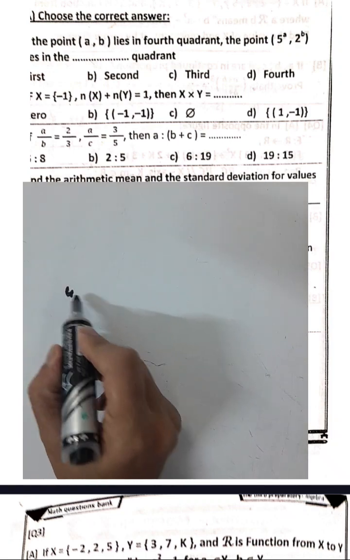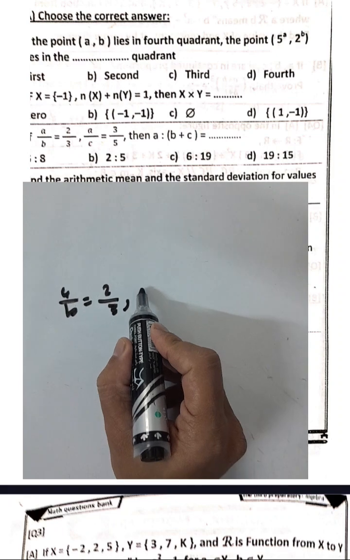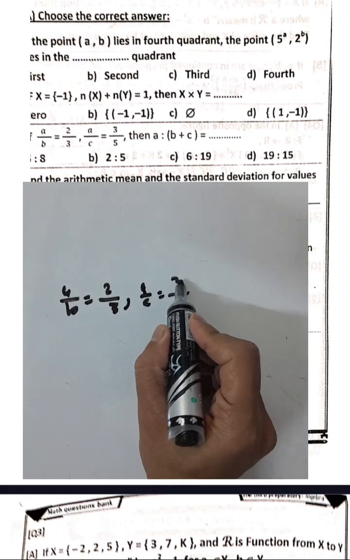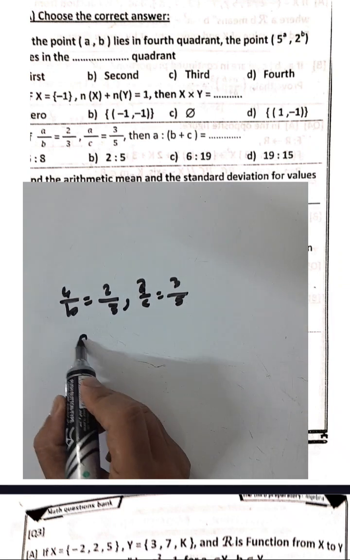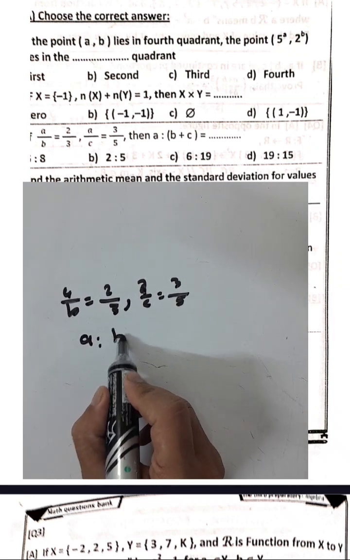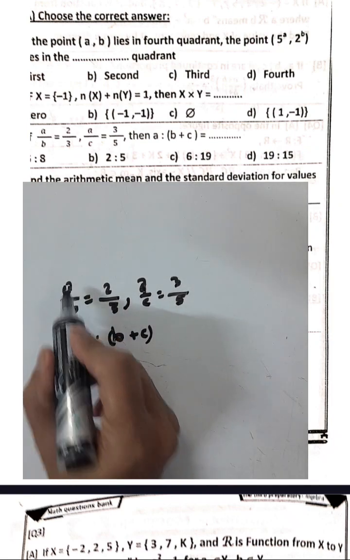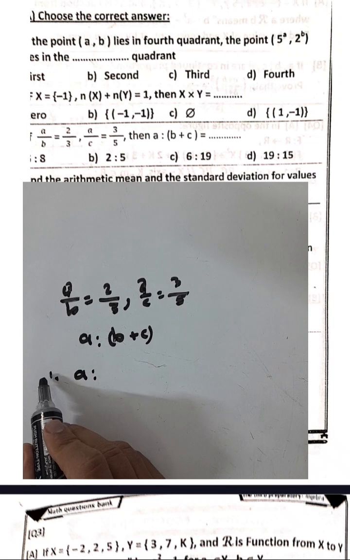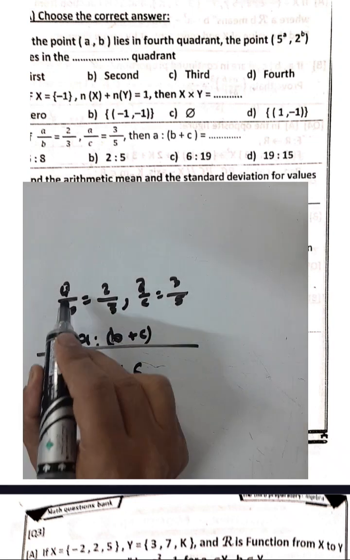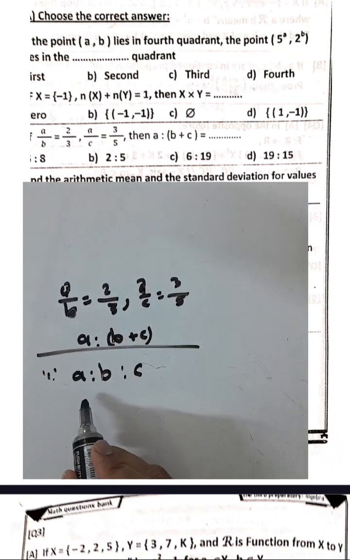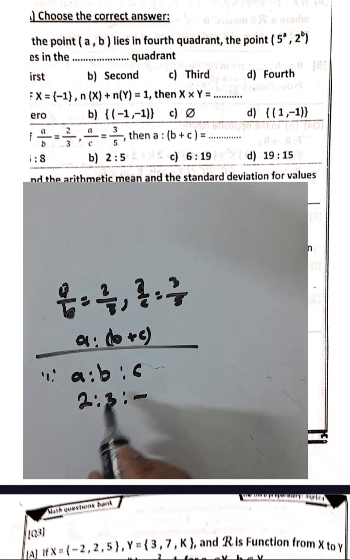Next question. If A over B was equal to 2 over 3 and A over C was equal to 3 over 5, he wants to find the ratio between A and B plus C. We can solve this example using the properties to give us the ratio A to B to C. He gives us the ratio between A and B as 2 to 3, and A to C as 3 to 5.